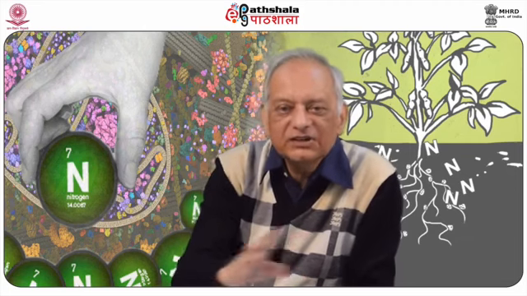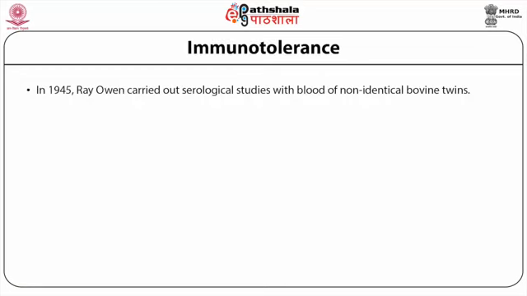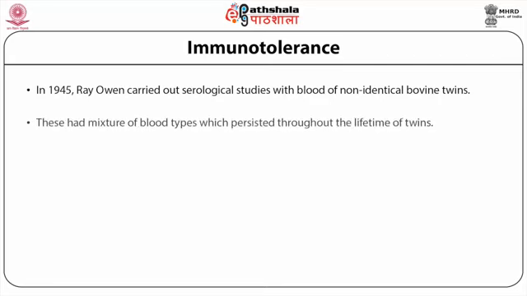The difficulties of transplanting organs were known quite early. In fact, so was the fact that these difficulties are not encountered at the embryo level in amphibians and chickens. In 1945, Ray Owen carried out serological studies with blood of non-identical bovine twins. These had a mixture of blood types which persisted throughout the lifetime of the twins.